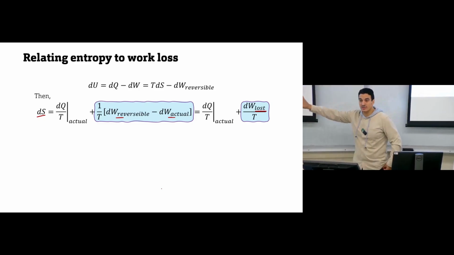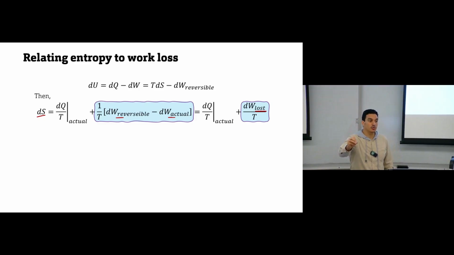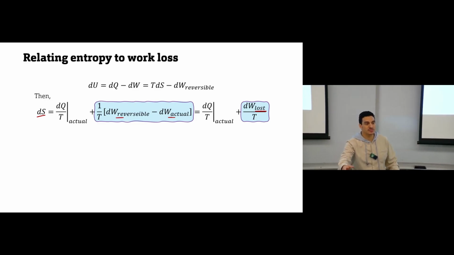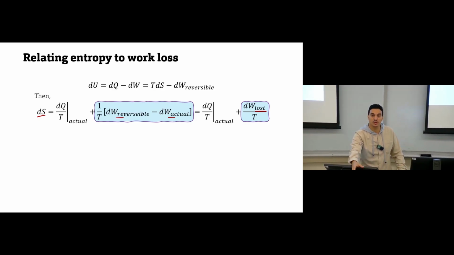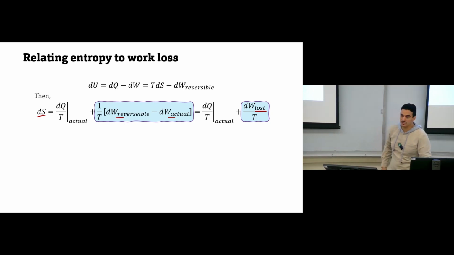Because reversible work is the theoretical, ideal amount of work you can obtain from the process if it is reversible, if you don't have any friction. The actual work is the amount of work obtained from the real, irreversible process, where you have friction and losses. So the difference between these two values represents the amount of work loss.